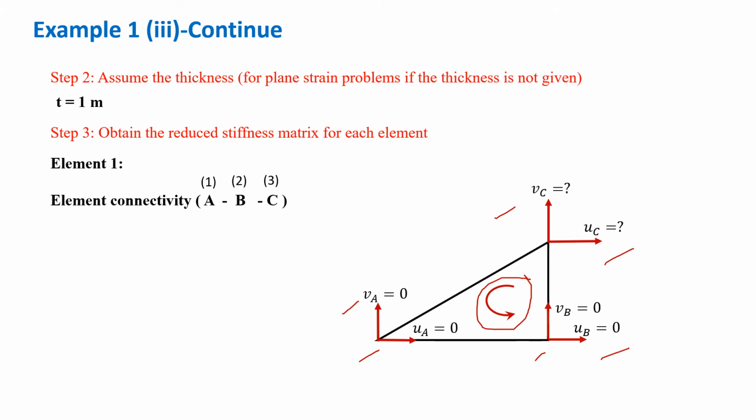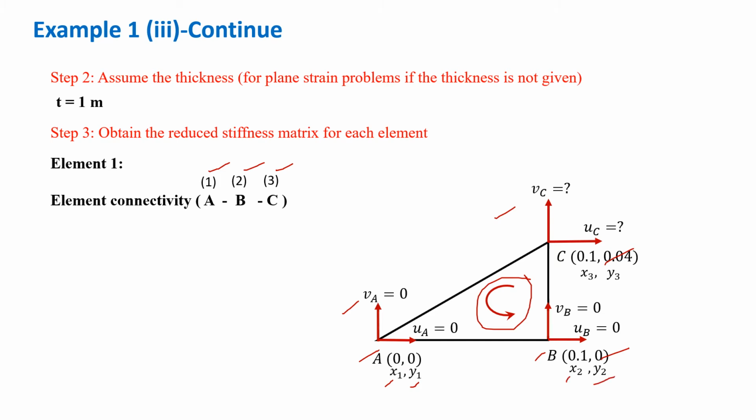Once we have decided the element connectivity, then we have to number the nodes with 1, 2, 3. Meaning that the coordinates of node A will be x1, y1. Node B, the coordinate will be x2, y2.